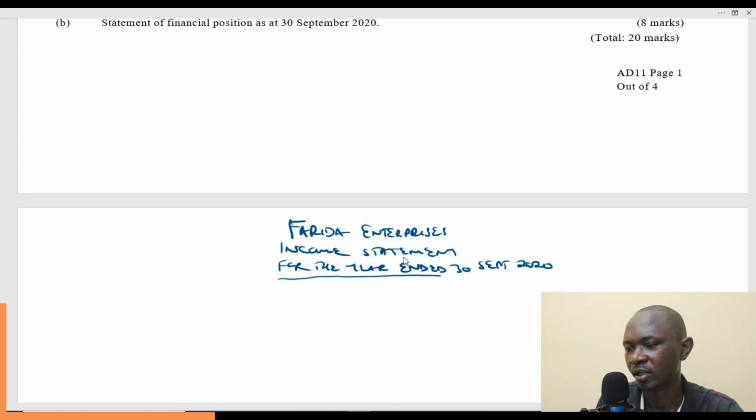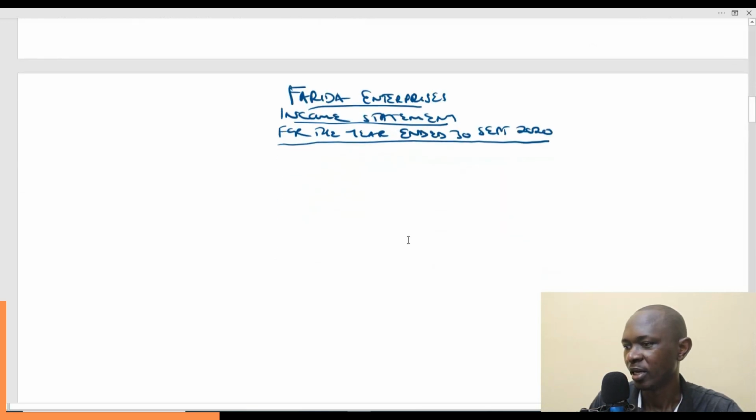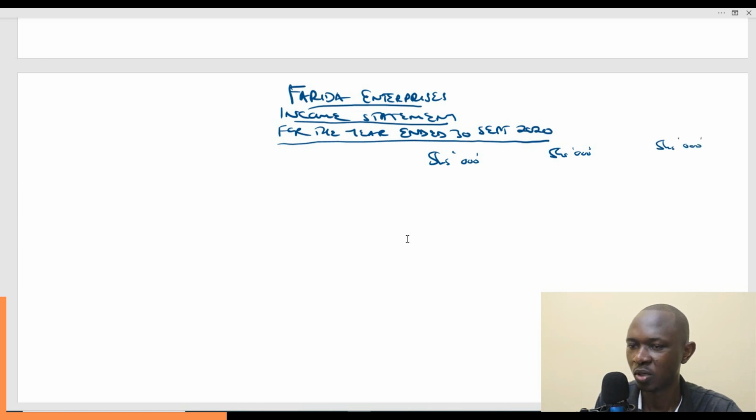Then I underline just to show that it's a heading. Then, as usual, I'll come up with the 3 columns, and I will choose to restrict the zeros. I think even the question has restricted the zeros, so the 3 columns are always a good way to look at it.